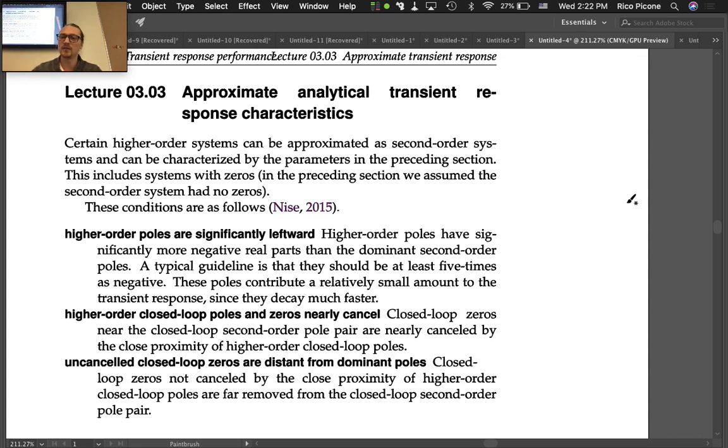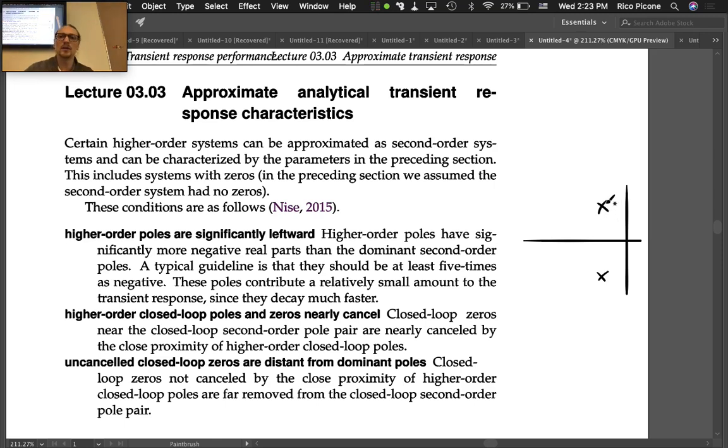Let's remind ourselves what the pole-zero plot looks like. If you've got a second order pair of poles, we know exactly what the relationship is between the natural frequency, damping ratio, and the geometric locations.